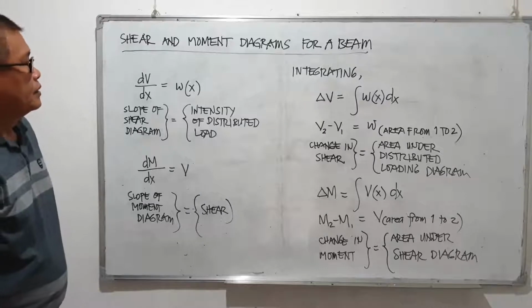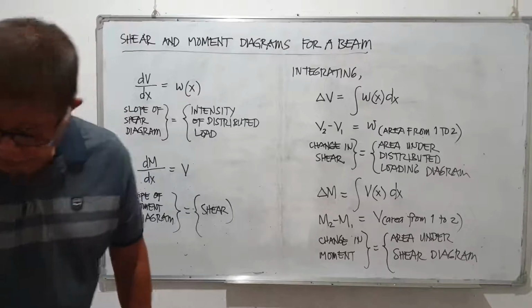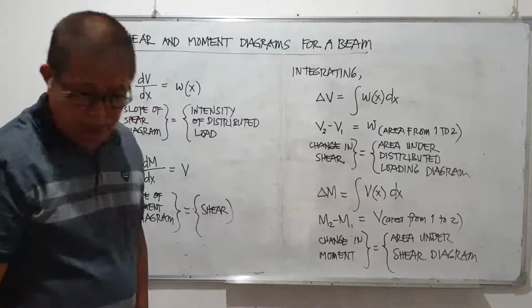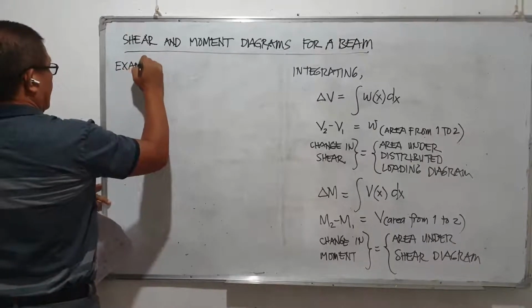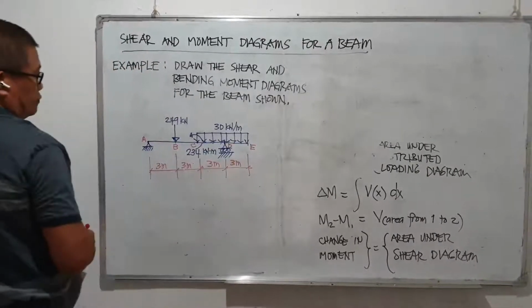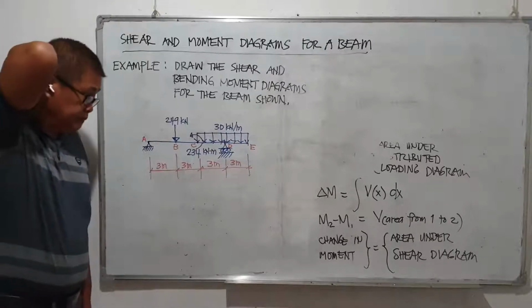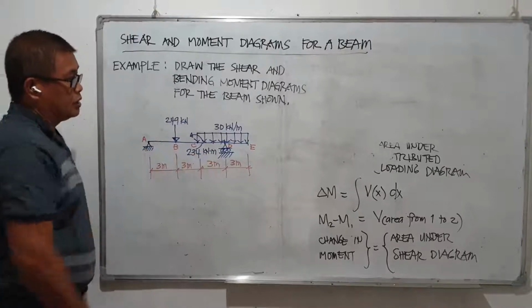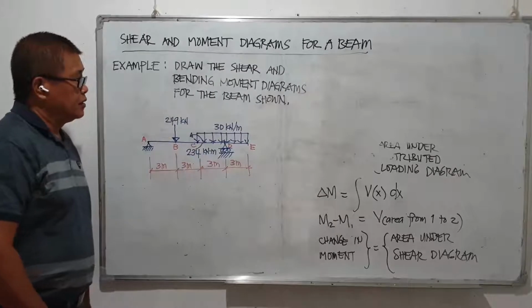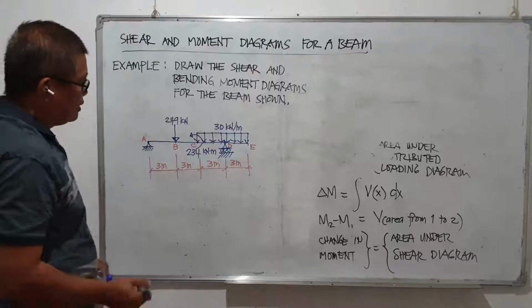Okay, let us demonstrate this with an example problem so that we will clearly see how it is going to be done. Okay, so the beam is a simply supported beam, hinge at point A and then roller at point B, which makes the beam statically determinate.